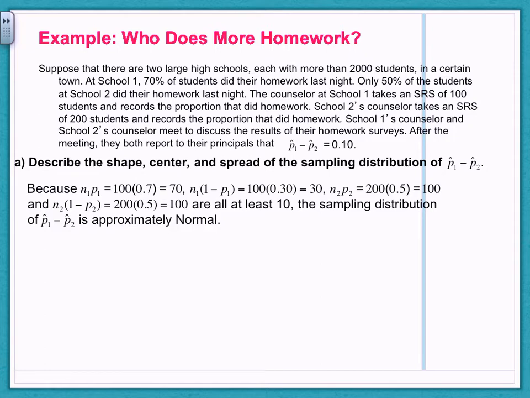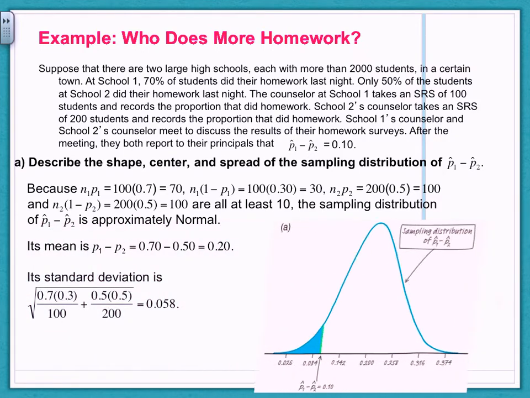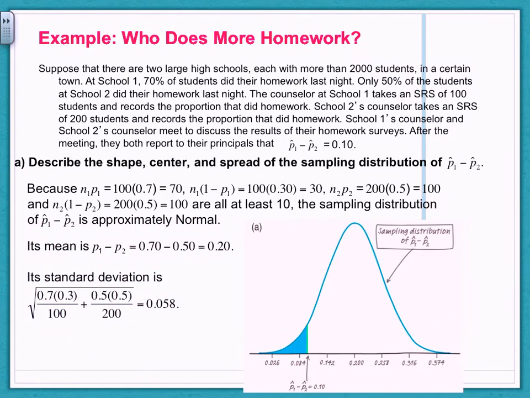Both of those are at least 10, which makes the sampling distribution of the difference approximately normal. Its mean is found by subtracting the two proportions, so it will be centered at 0.20. Below, to the right, is the chart of the sampling distribution. Its standard deviation, using that formula, is 0.058.